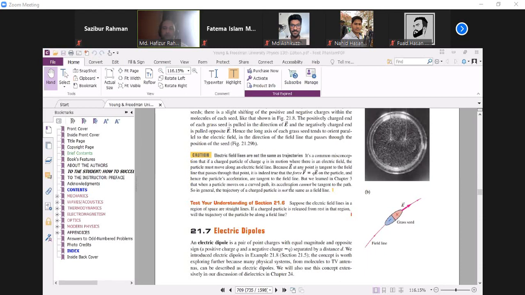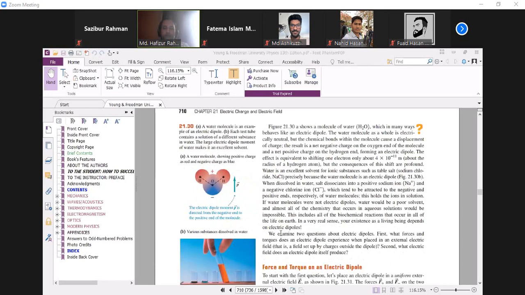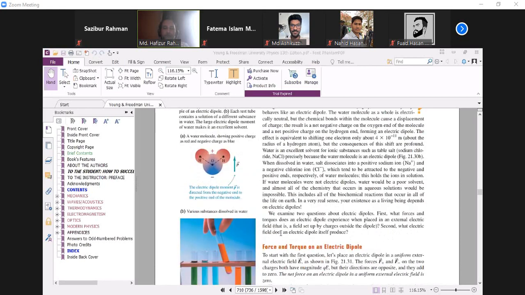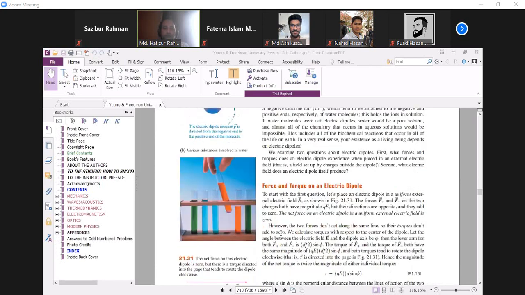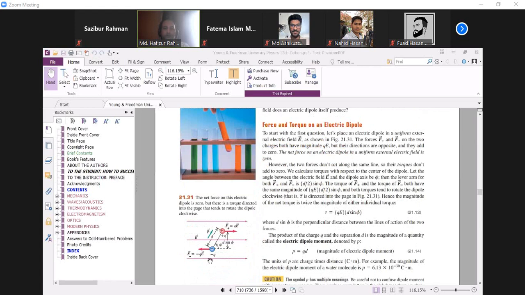So when they are separated by a distance, that is known as a dipole. Here you see plus Q and minus Q, they are separated by a distance t. So this is an electric dipole.